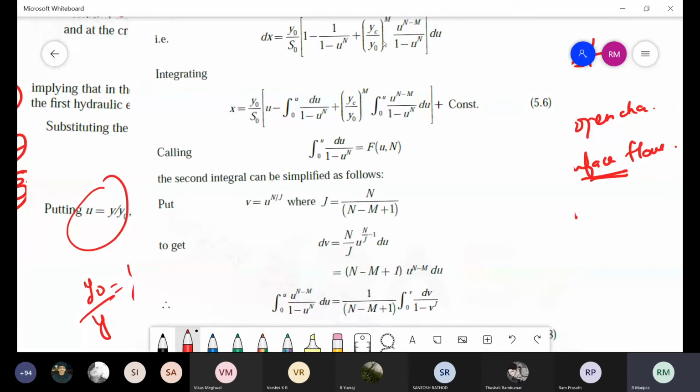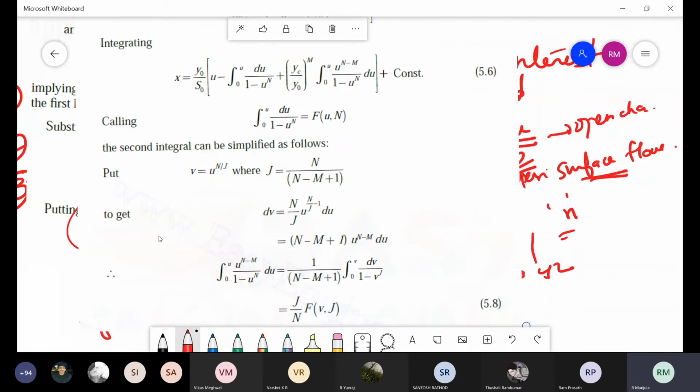Maybe this derivation you just go through, and you can substitute, and upon integration you will be getting x is equal to y naught by s naught into u minus integration of 0 to u du by 1 minus u power n, plus yc by y naught whole raised to m integration of 0 to u of u power (n minus m) divided by 1 minus u power n into du, plus constant. Integration of 0 to u du by 1 minus u power n is equal to f of u comma n.